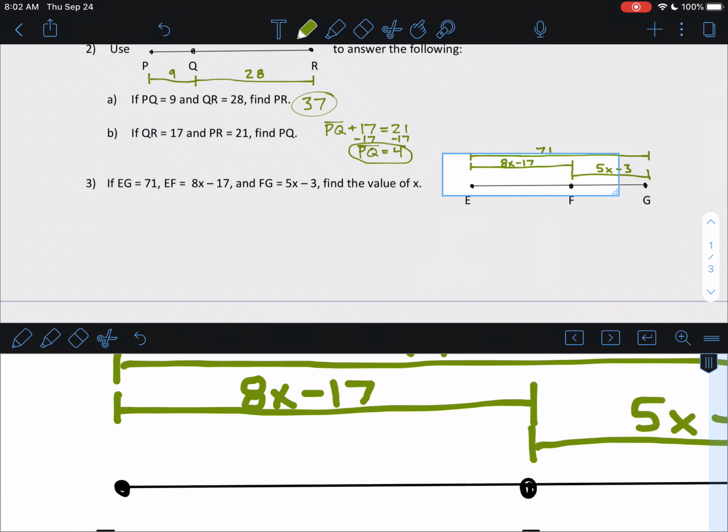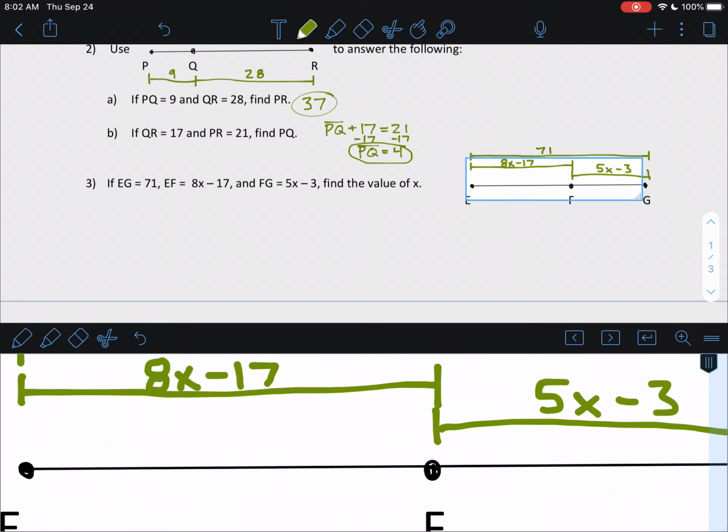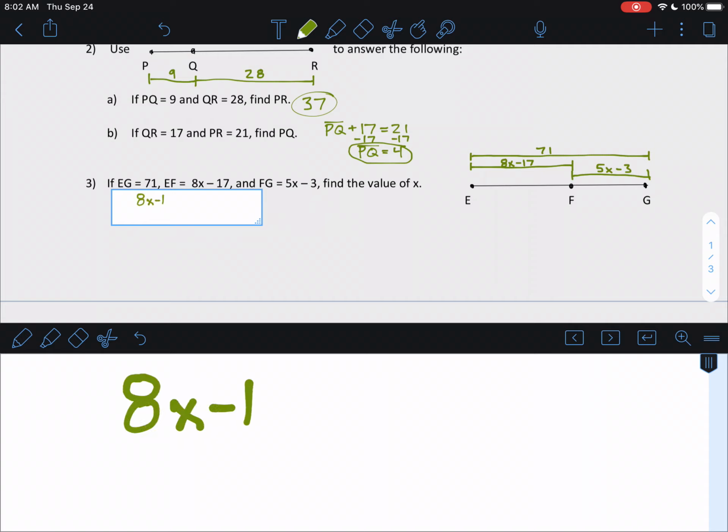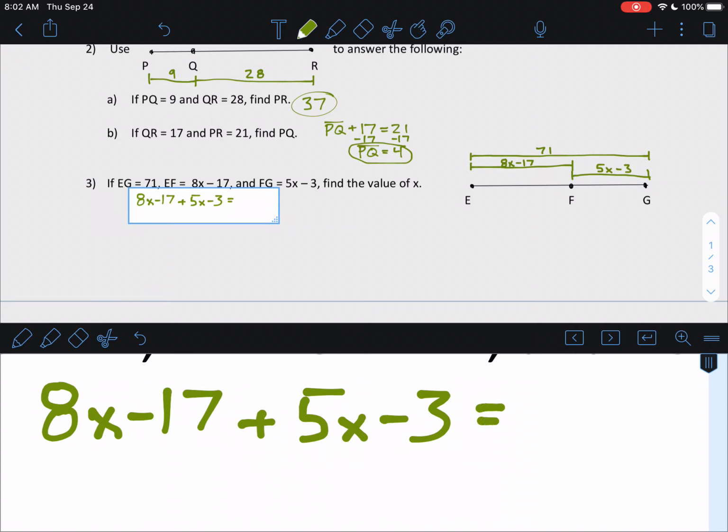So I know that EF plus FG should equal EG, which means if I do 8x minus 17 plus 5x minus 3, that should equal EG, which is 71.